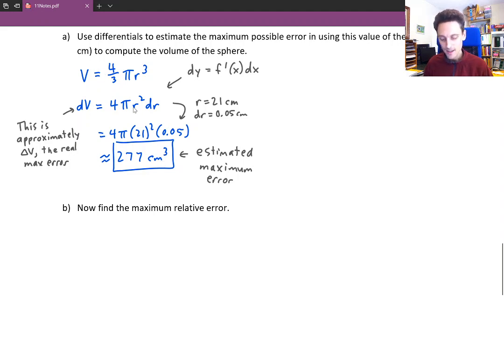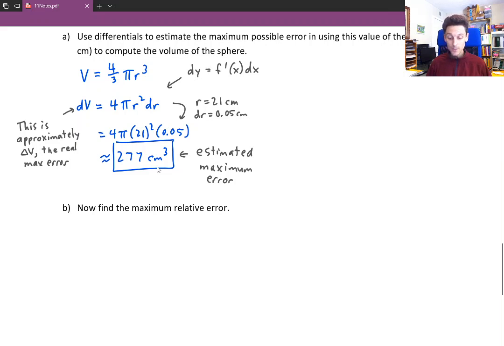You have a centimeter squared from the r squared and then another centimeter unit from the dr, so that's cubic centimeters altogether. But this 277 cubic centimeters, we don't know if that's a lot of volume change or a little. You can imagine if the balloon were gigantic, like Earth-sized, then a change of 277 cubic centimeters is not going to be very much change in volume.